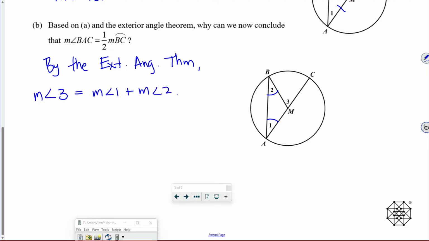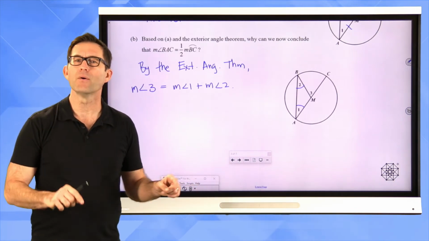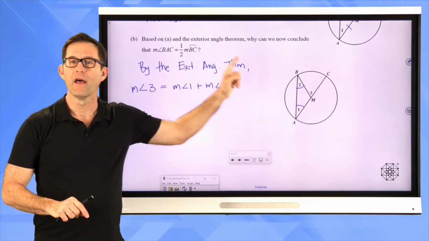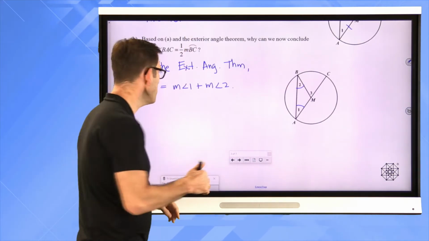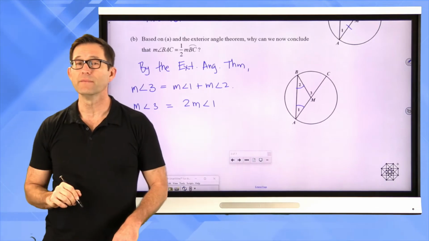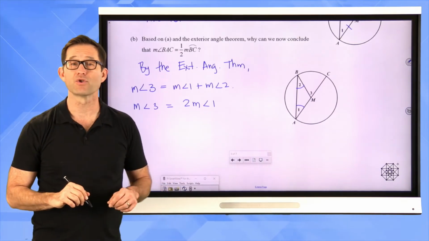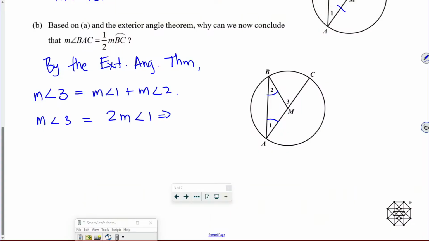That would be true no matter what. But we know from letter A that angle 1 and angle 2 are equal to each other. That means that the measure of angle 3 must be twice the measure of angle 1, because the measure of angle 1 and the measure of angle 2 are equal. But we can flip that around a little bit and say that the measure of angle 1 is 1/2 the measure of angle 3.